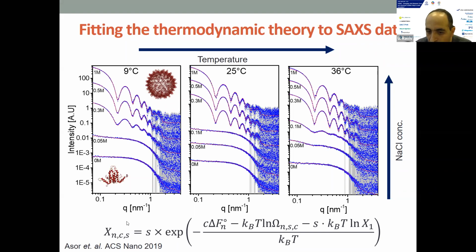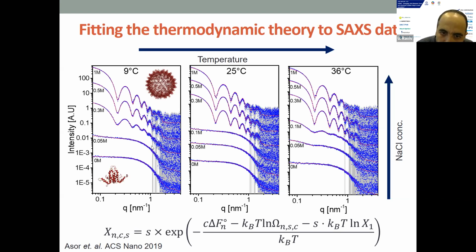And then you have also the entropy of the degeneracy of the number of states that you can have of similar stability. So this is based on the thermodynamic model. We could get the weight of each, the molar fraction of each model intermediate.